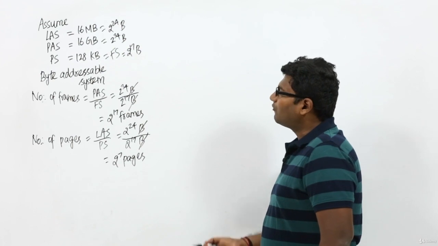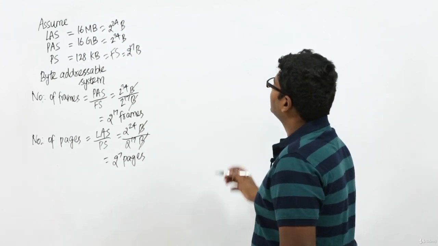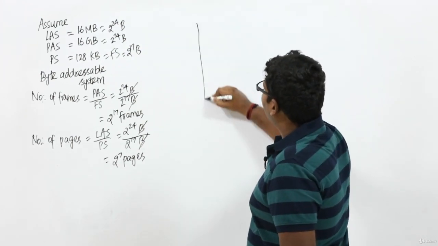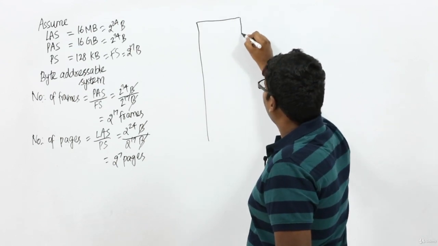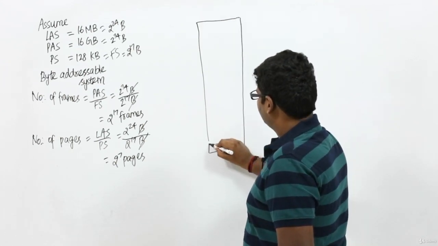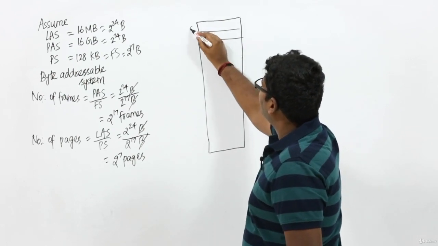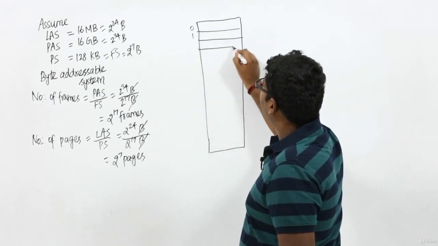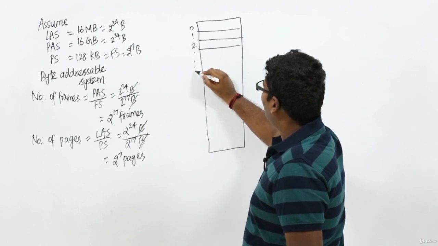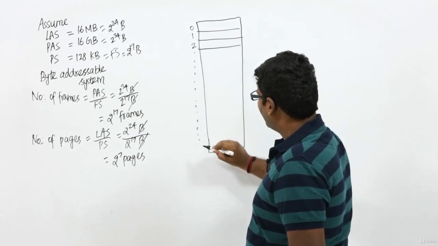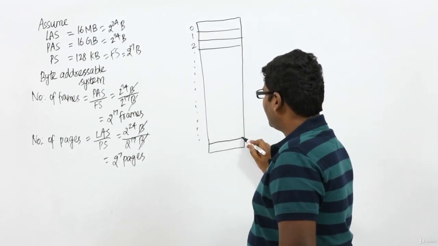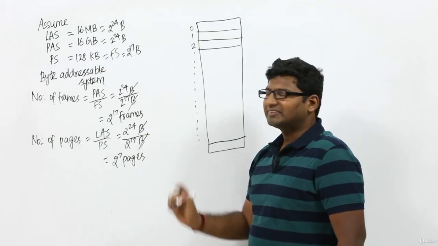Let us see how the RAM will look. Let us assume this is our RAM. It will have a lot of frames. I'm starting with 0, 1, 2 and so on. We have a total of 2 power 17 frames.